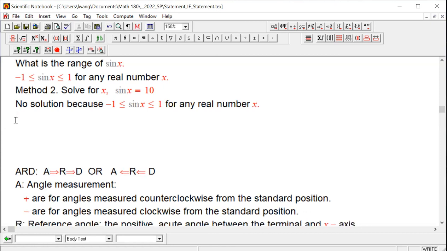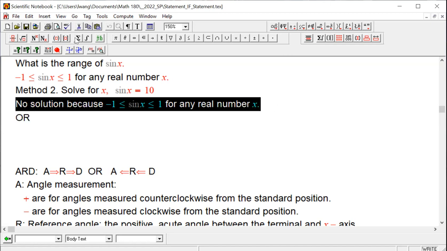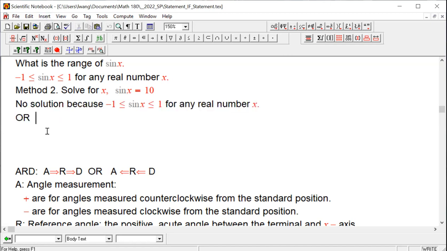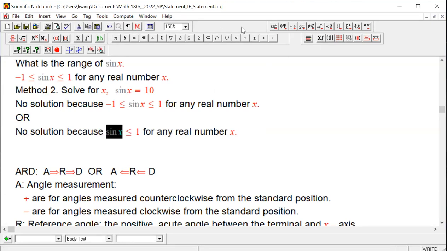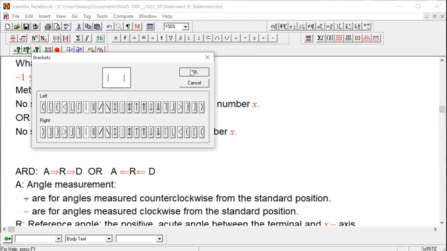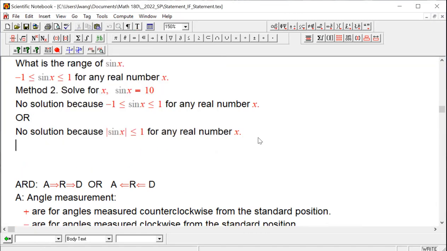You can also say no solution because the absolute value of sine x is less than or equal to 1. That will work too.